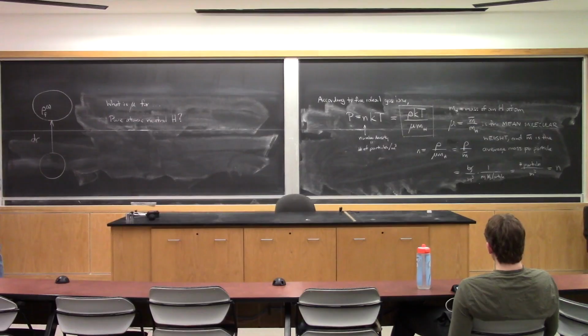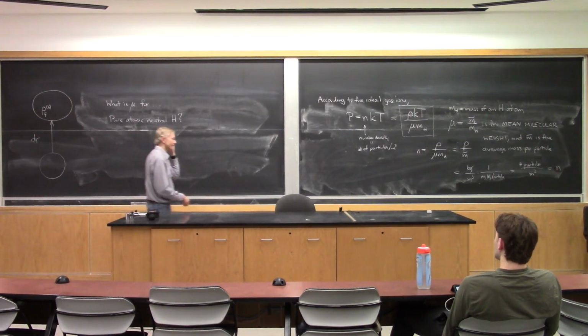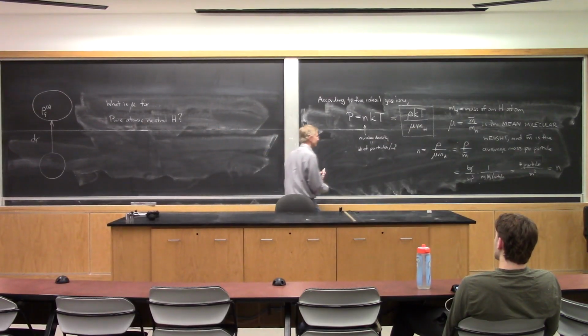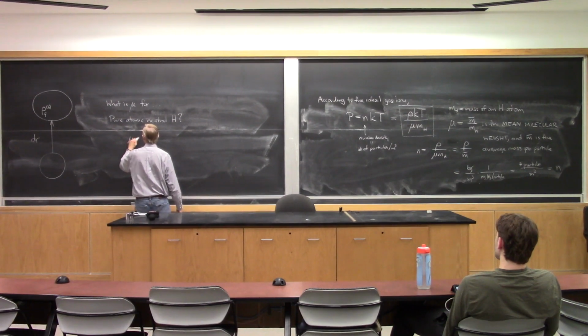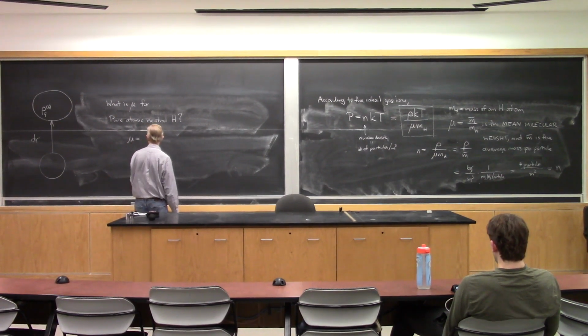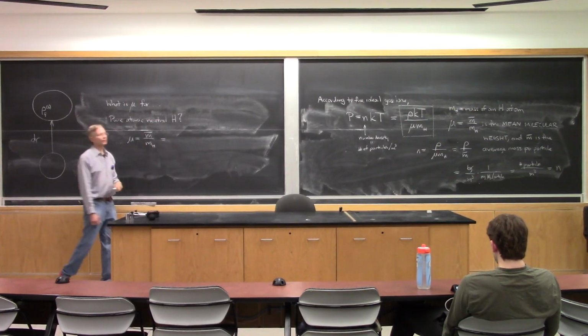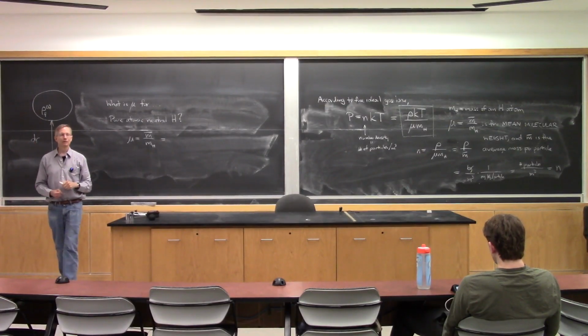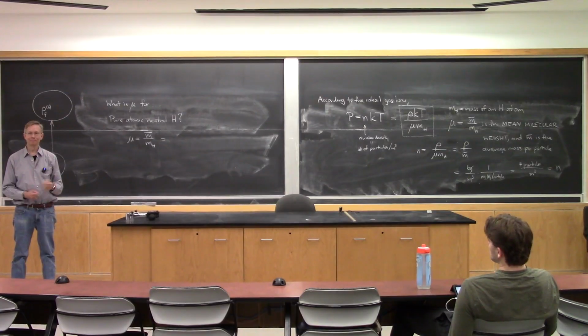What is the average mass per particle in terms of the mass of a hydrogen atom, right? Because mu is equal to m bar over the mass of a hydrogen atom. If I've got nothing but hydrogen atoms, what is the average mass of a particle in terms of the mass of a hydrogen atom?